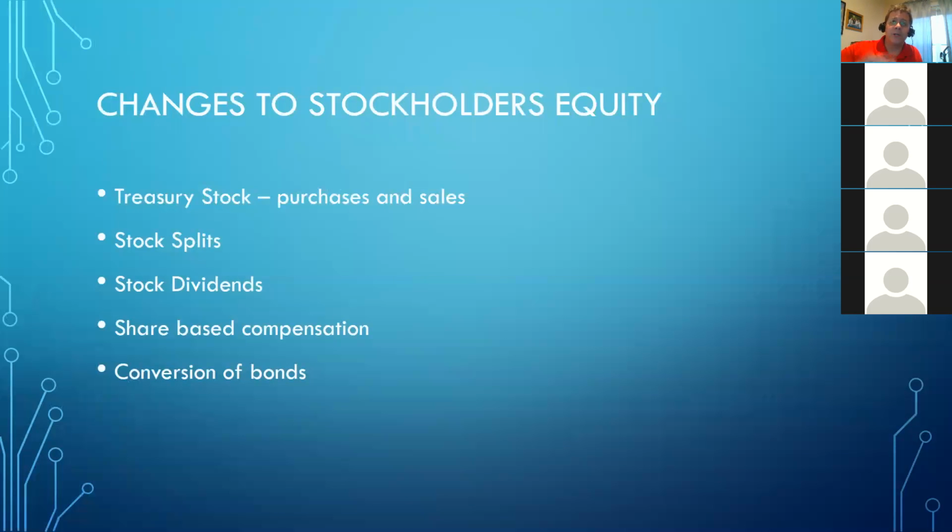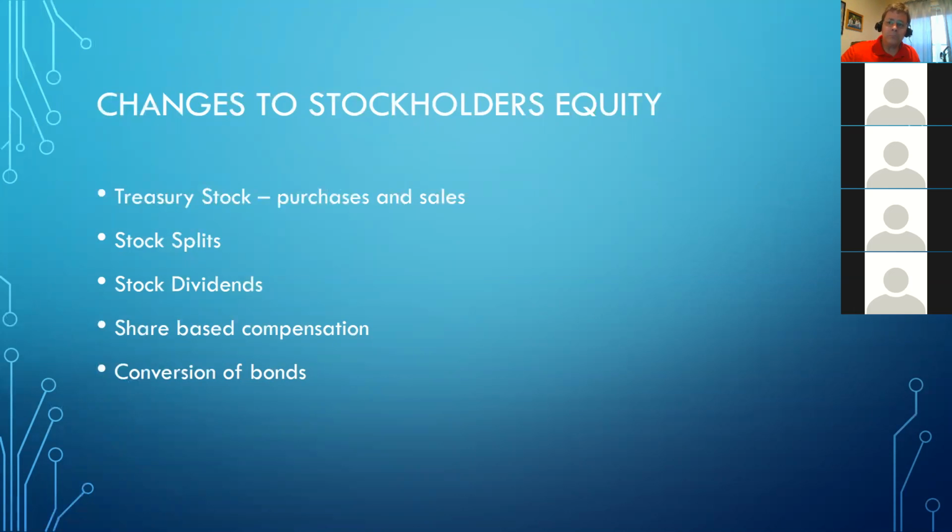I know that seems a little confusing because you originally sold shares when you started the company or over time. Then when you buy it back and make it treasury stock, you debit the treasury stock, and if you resell that treasury stock, you credit treasury stock.